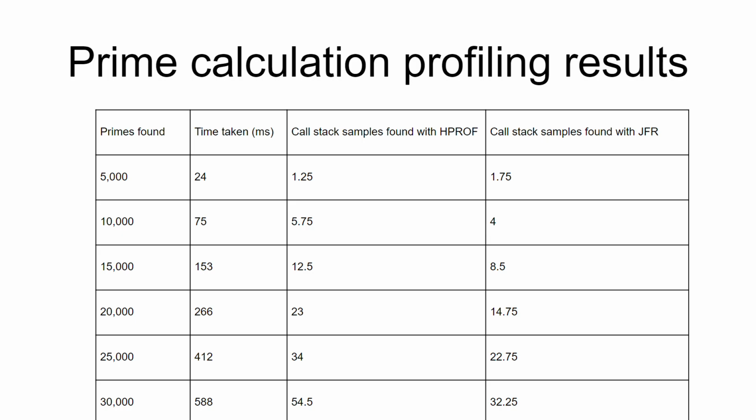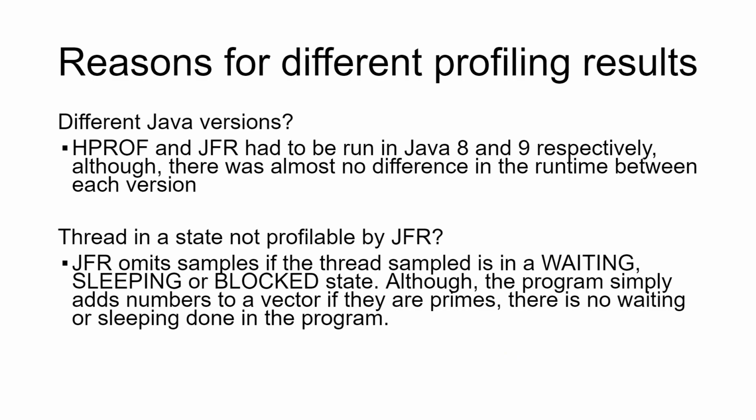For this 20,000 primes, we're expecting 26 samples, we get 23. It's a little bit off. Maybe there's a bit of noise or stuff happening in the JVM. So maybe we're not seeing the full picture, but JFR gets almost half the amount that we're expecting, which is strange. This is something we saw over a lot of experiments, so I decided to note down some possible reasons why.